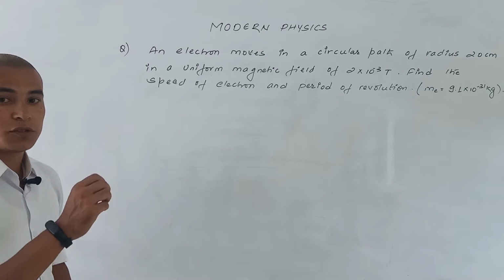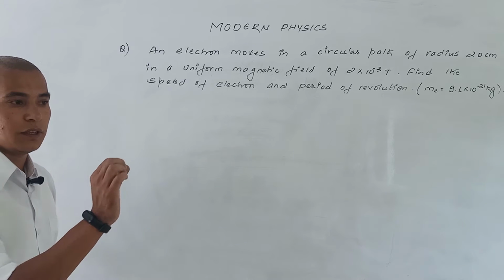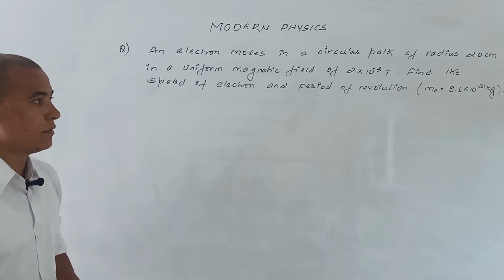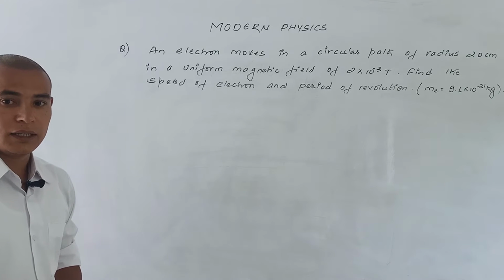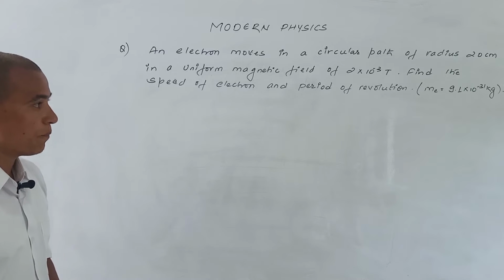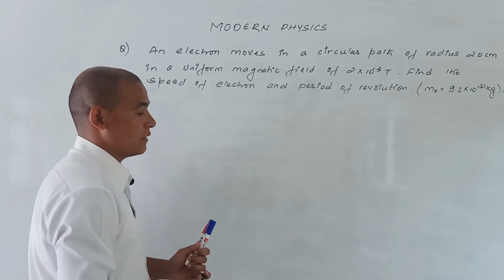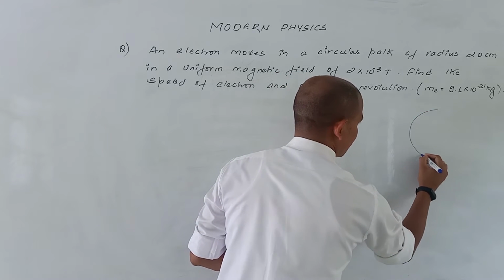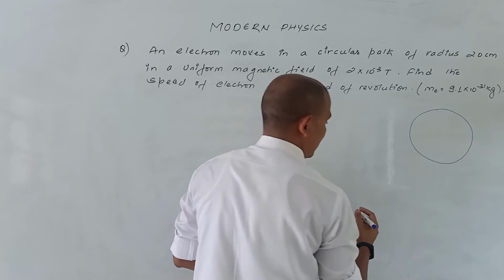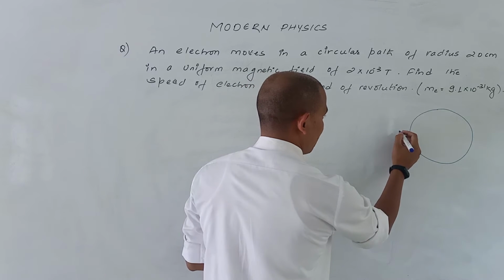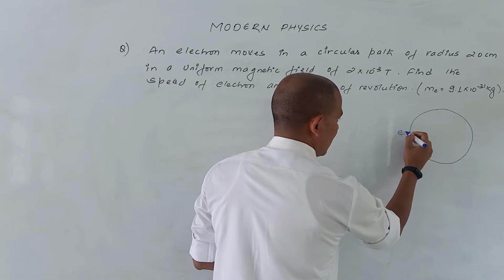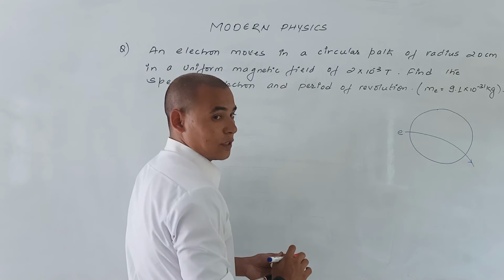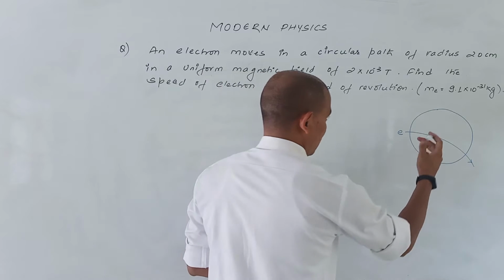To solve this question, we first have to revise the long question that we have studied about the motion of an electron inside the magnetic field. As we have discussed, when an electron moves inside the magnetic field, it follows a circular path.